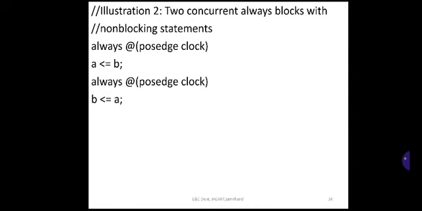Whereas if you use the non-blocking assignment operator here, it will eliminate the race condition.